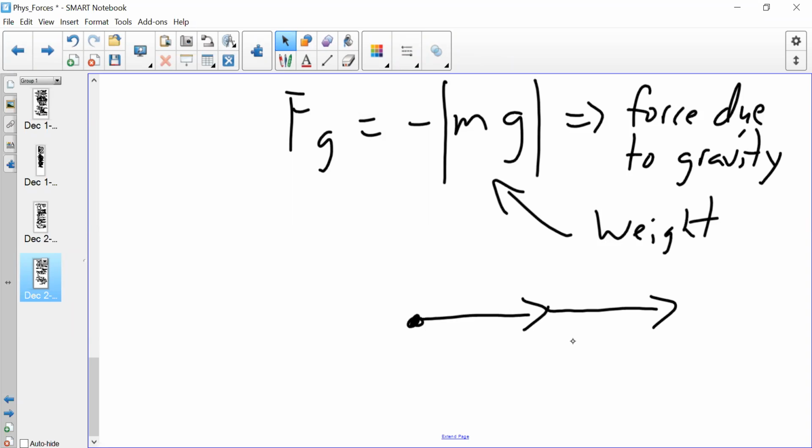Okay, so I got this 225 and I got this 165. Who wants to tell me the net force? Somebody who hasn't spoken yet. Not the VIPs. The VIPs have spoken. Arthur, what you got?